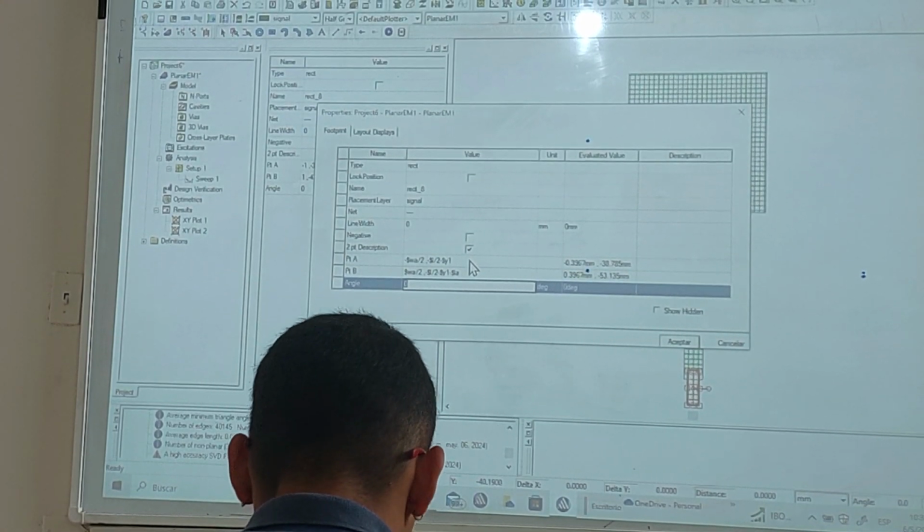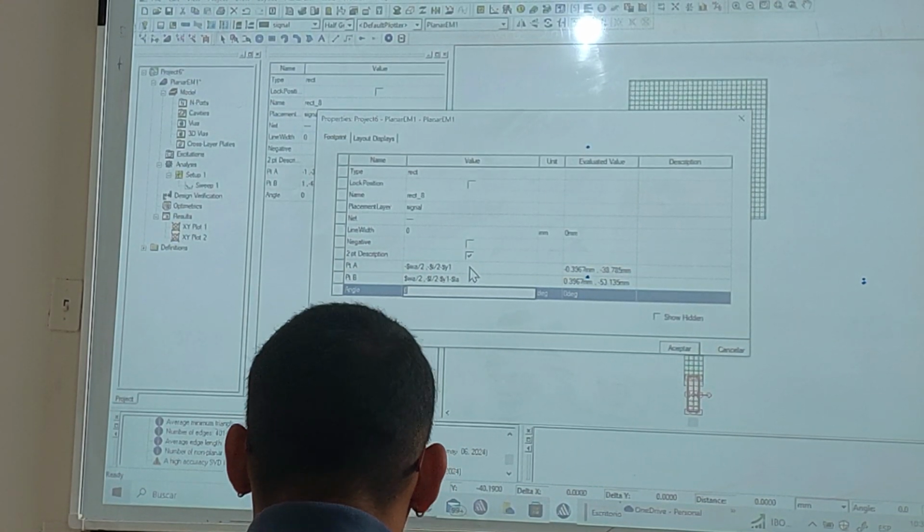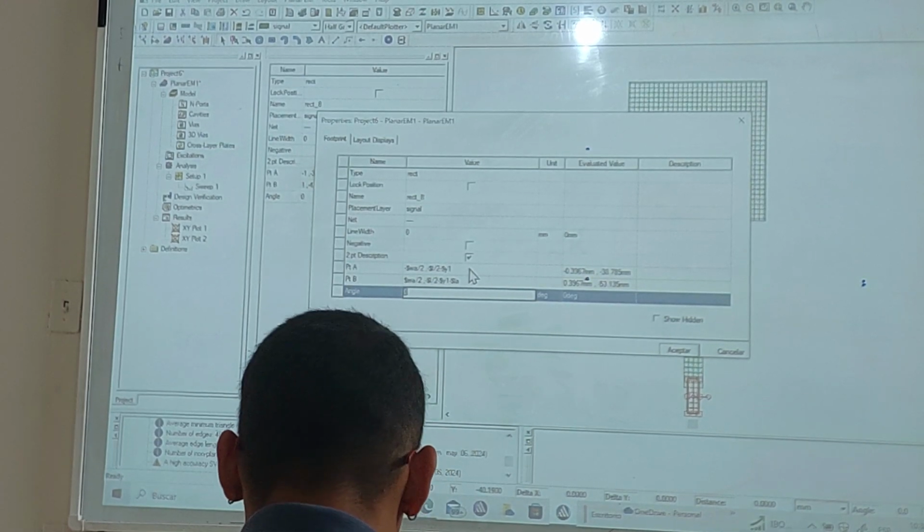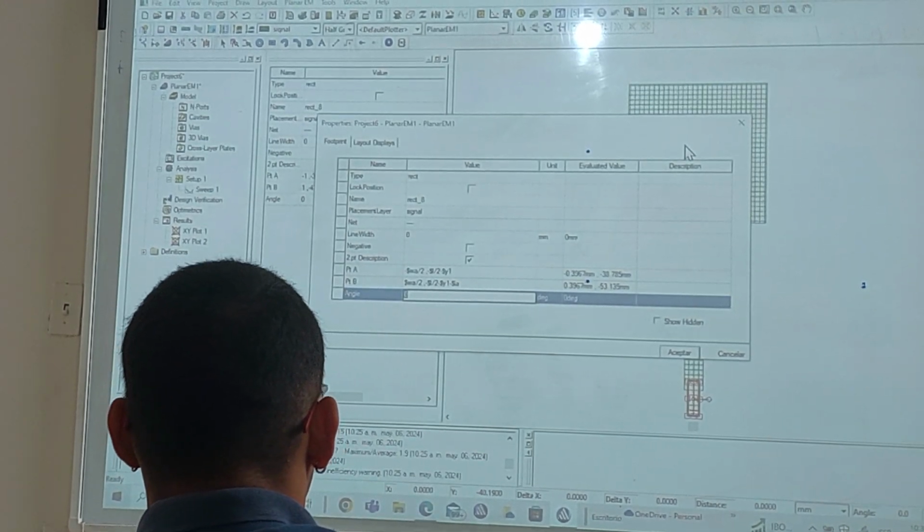Okay, then we have the point A and the point B of the transmission line. You can check it.